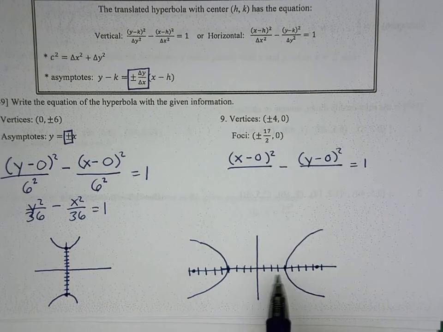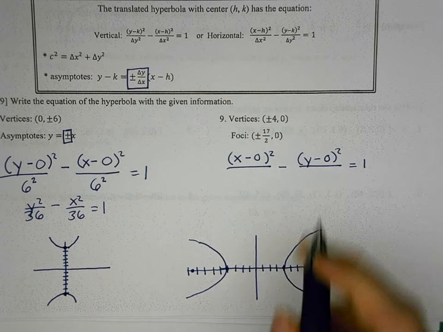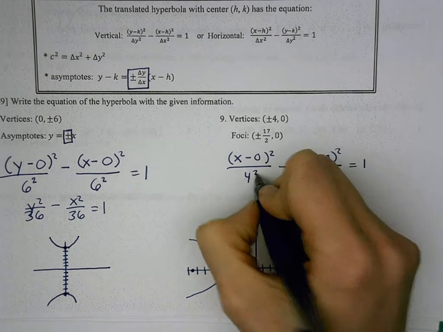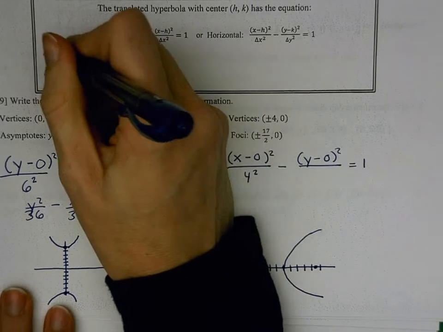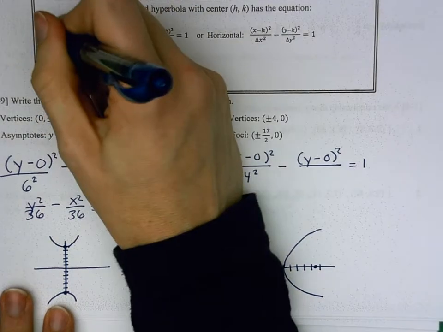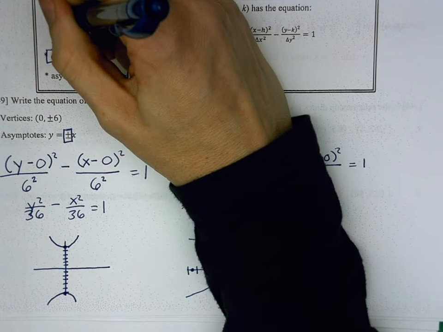My x radius from my center to each vertex is a radius of 4. And then in this case, the only other piece of information we've got is our foci. Our foci are at 17 halves and negative 17 halves. So that's where this equation comes in, because that's what C represents. Your foci.